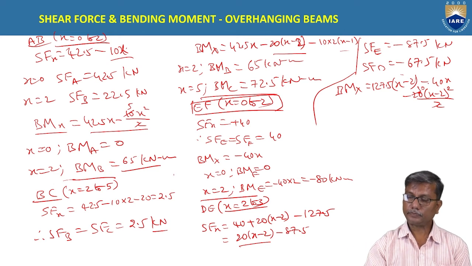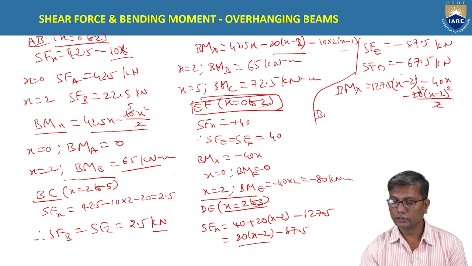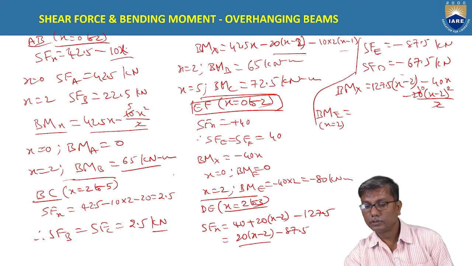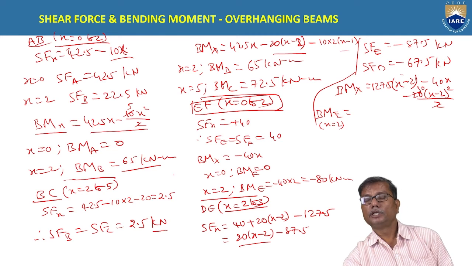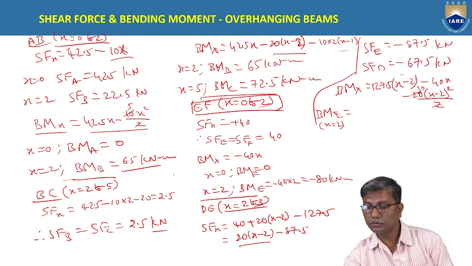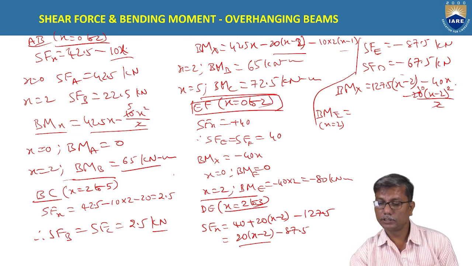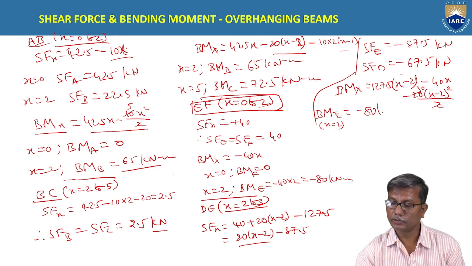Now substituting X equal to 2, you will get bending moment at E. Bending moment at E is 40 into 2, and that is minus 80 kilonewton meters.